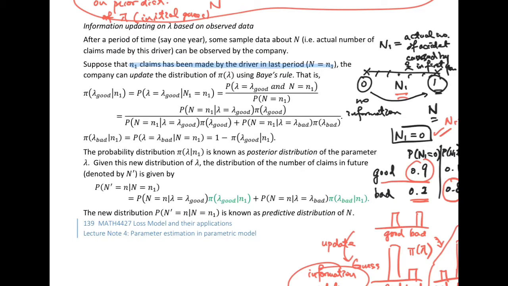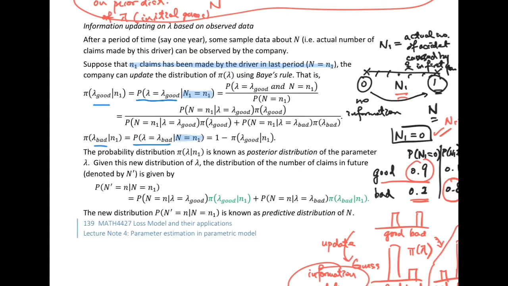Again, we will focus on the case that we only have two possible values of lambda. To get this new distribution, we are seeking the probability that lambda equals a particular value, but this time it becomes a conditional probability, because N equals N1 is a new given event.